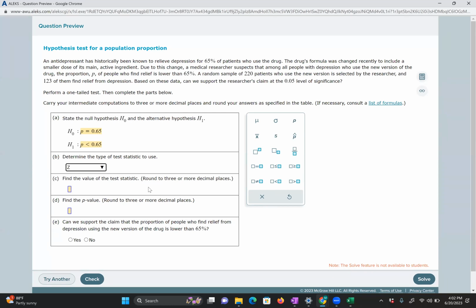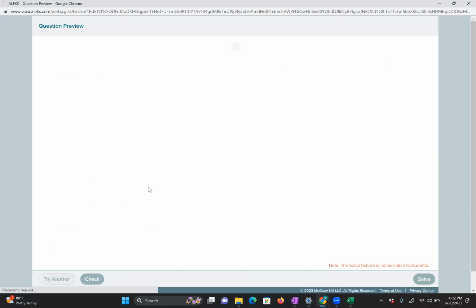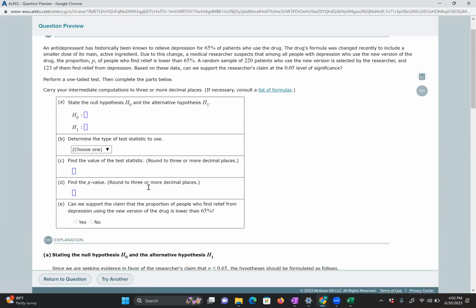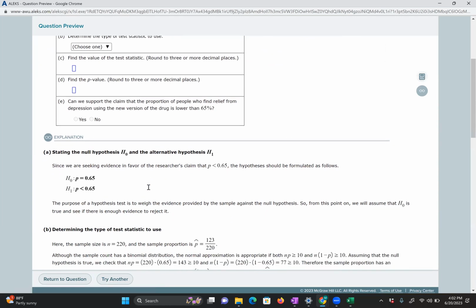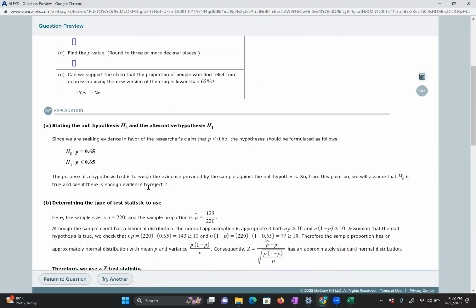So let's take a look at our result. It should be negative 2.827 with a very small p-value. Let's take a look at the explanation. Let's see what they say. And pay attention to the notes so you can see. So that's given to you.